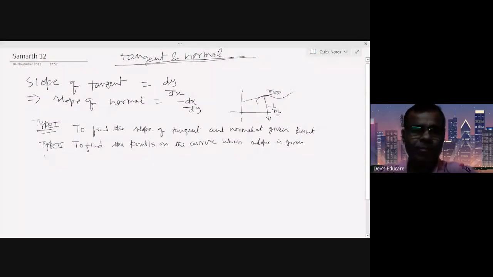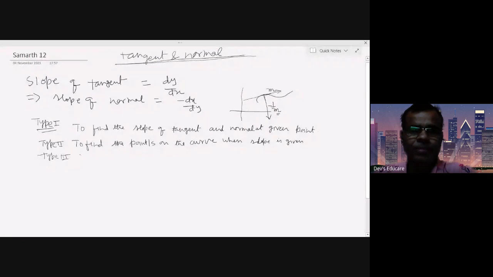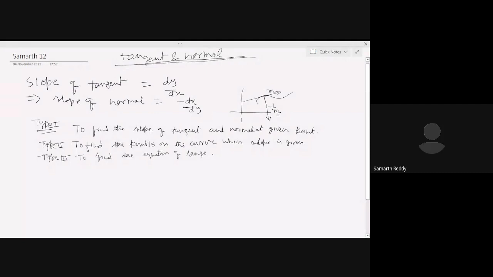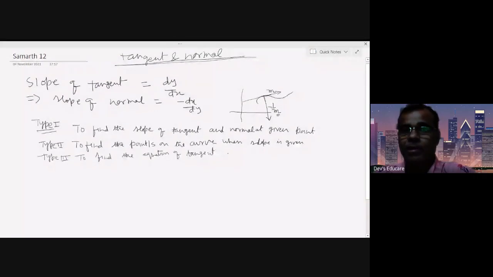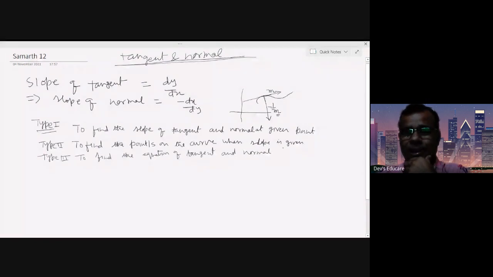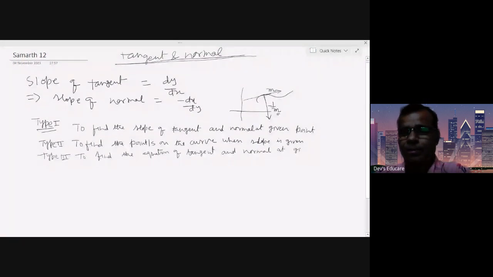Type 3, to find the equation of tangent and normal at given points or where slope is given.